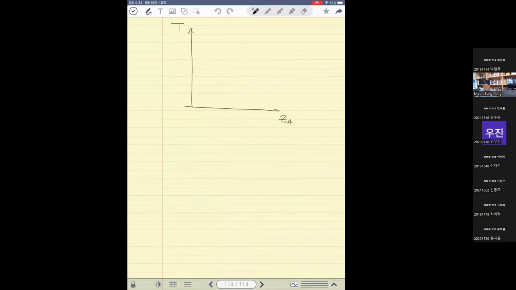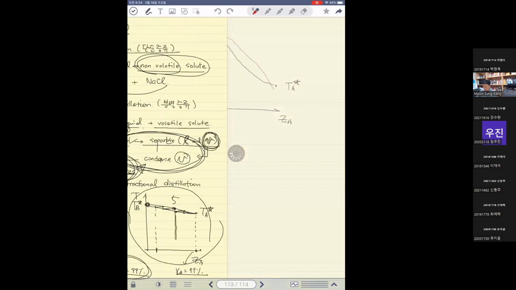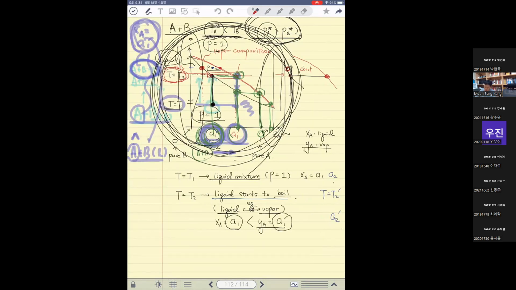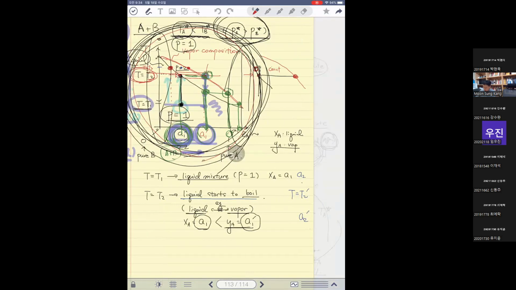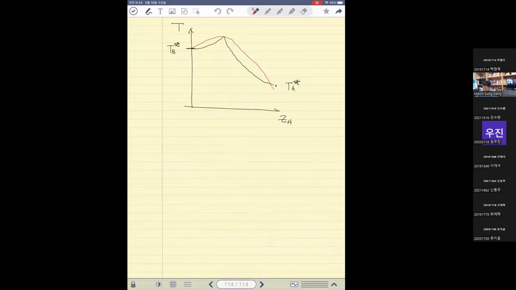This point is the boiling point of B. This point is the boiling point of A. But now I have a plot that looks like this, which looks crazier than before, right?